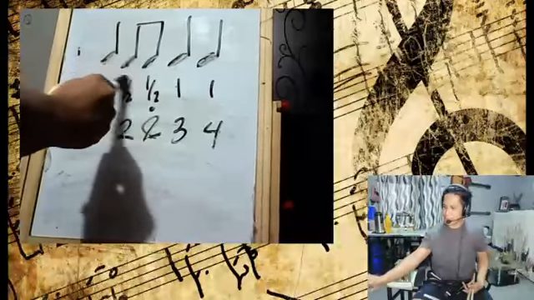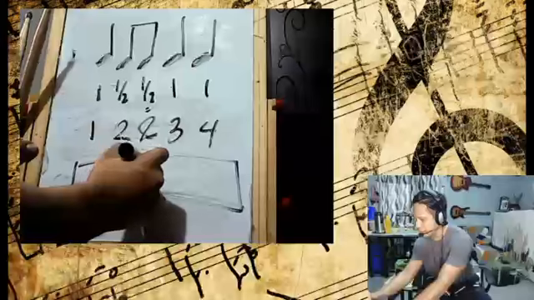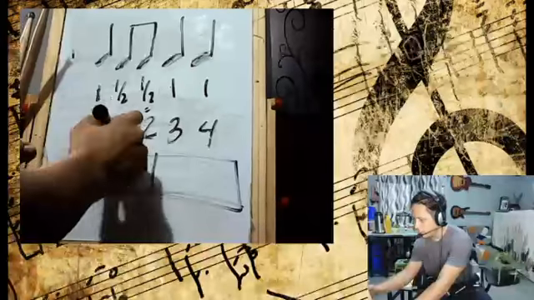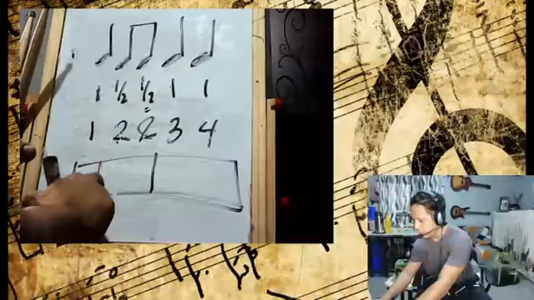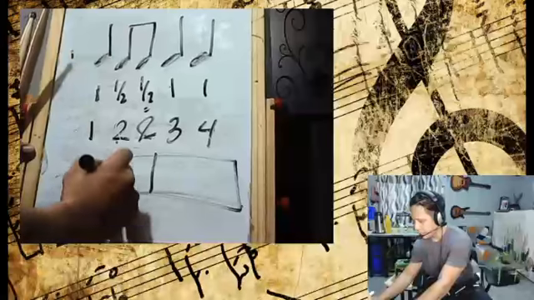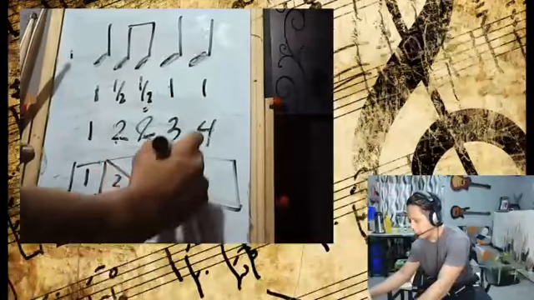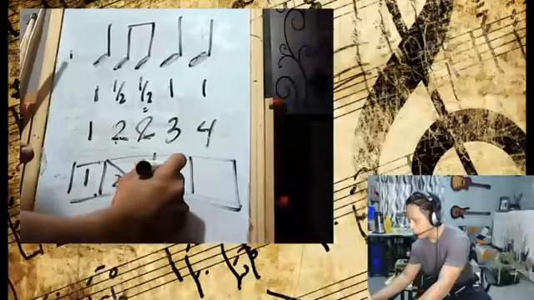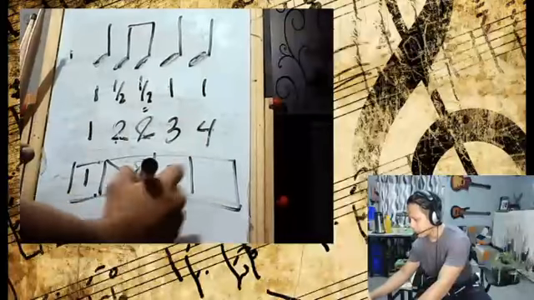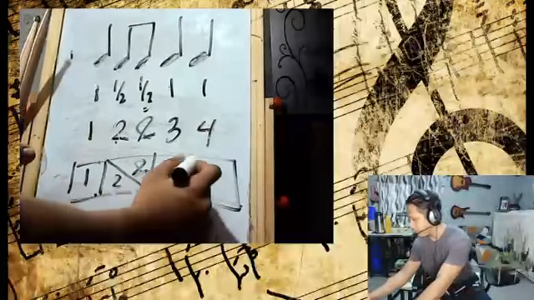If I draw a box here that represents how long they are counted, this one count will have its own box, and number 2 and end will share that one box. That's how fast they are. So 1, 2, and this one will have its own box, and each box represents a beat, and then 4 here.